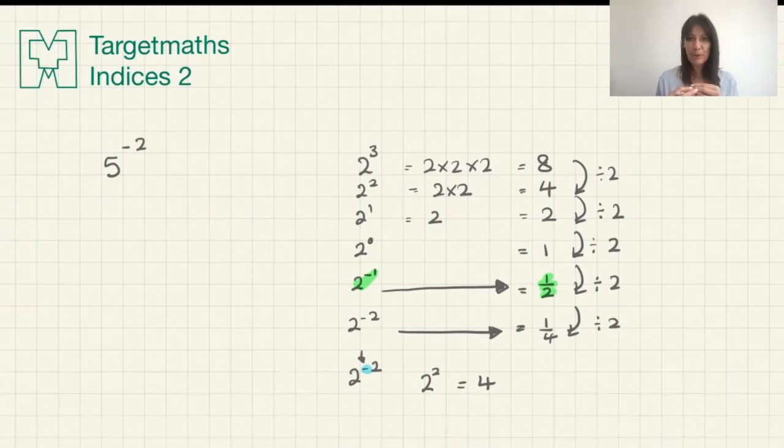A reciprocal is where we can often see numbers flipping. There isn't a number to flip so much, but if I think of 4 as a whole number and I want to make it look like a fraction, I can put it over 1. Now I've got something I can flip.